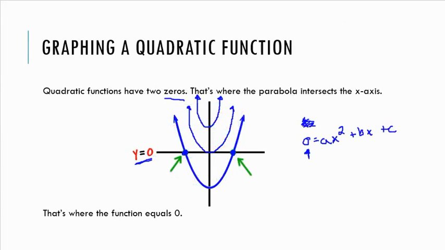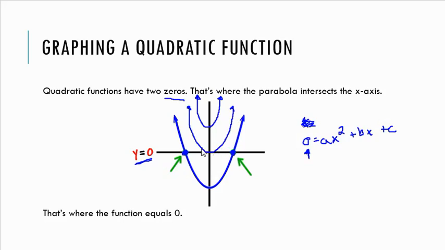And last but not least, quadratic functions have two zeros. Usually quadratic functions have 2 zeros. However, there are occasions where they may only have one, which is if the vertex lies on the x-axis.